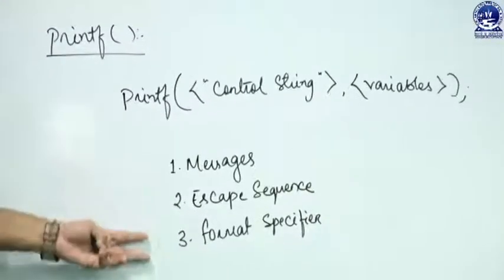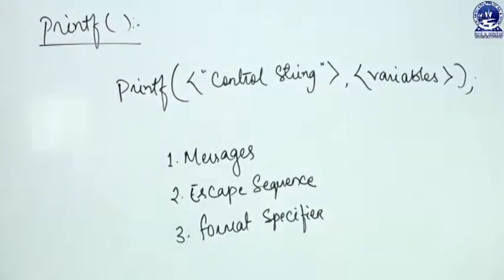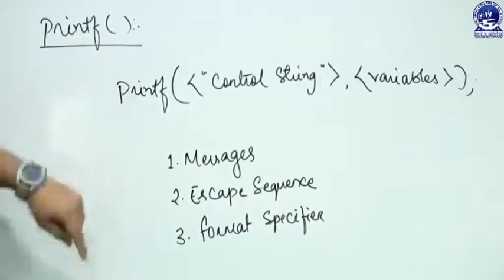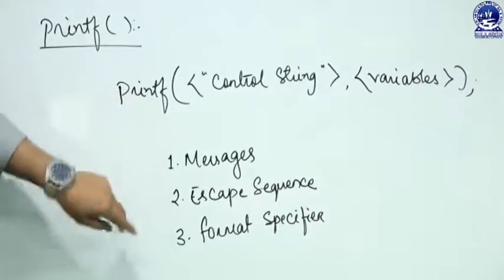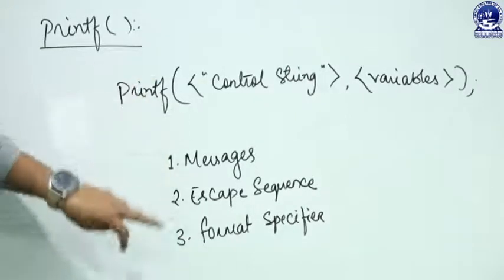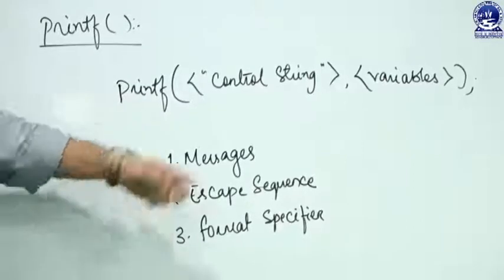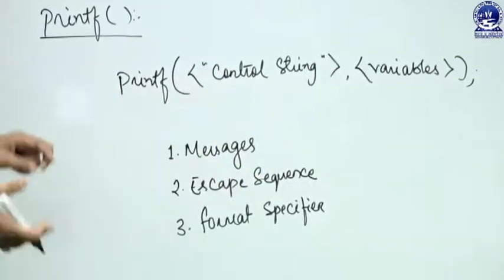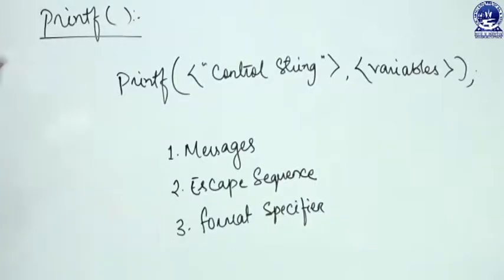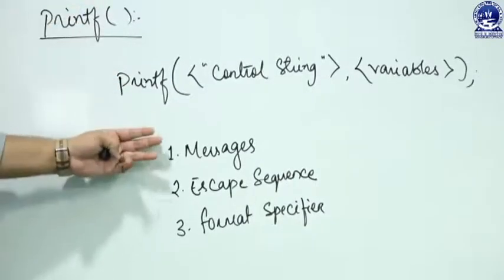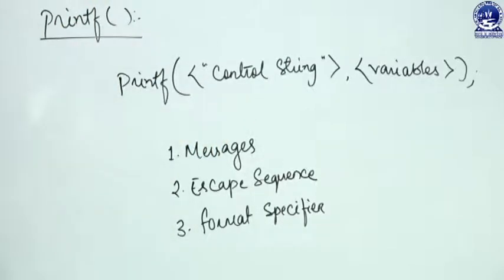So, these are the three things which come under your control string. The control string can be divided into messages, escape sequence, or format specifier, and it can also be formed by a combination of these three. It is not required that we will always write all three things in the control string.